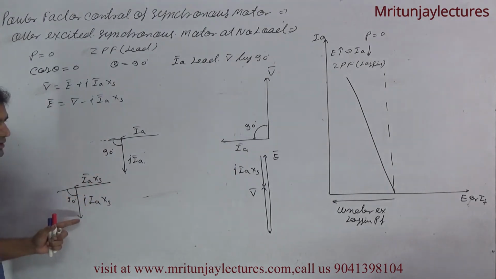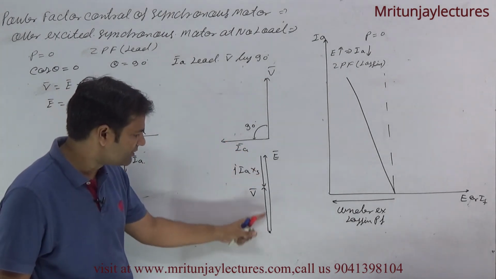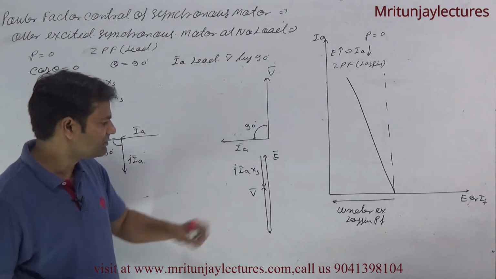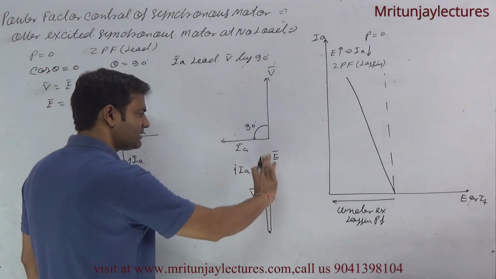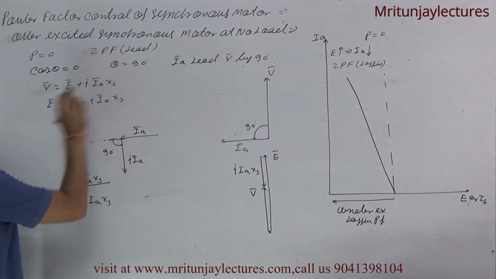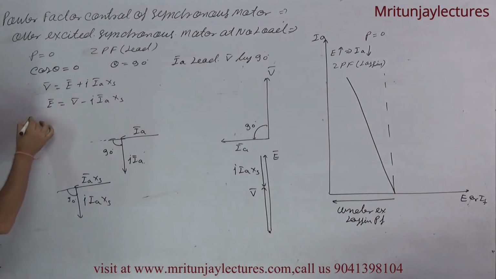It is represented like this one. And then the remaining component is V. So V is equal to E plus J IA into X. Clear?